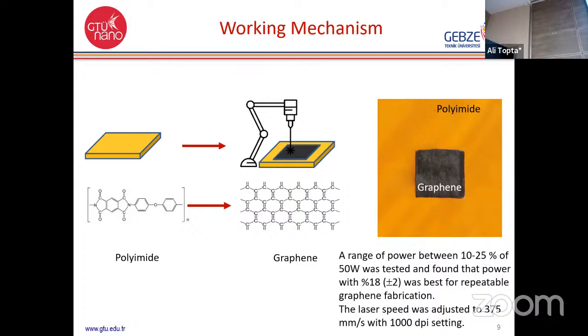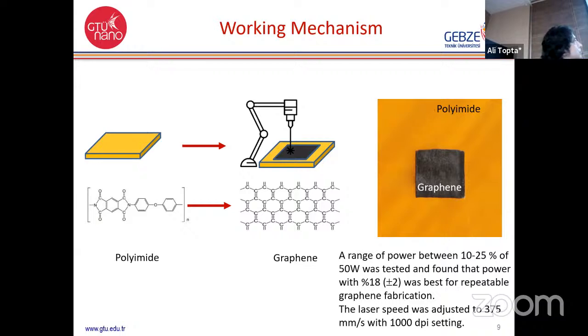In terms of how it works, we have our polyamide, which is usually amber or dark yellow in color. We apply the laser through software in which we can adjust parameters such as laser power, scanning speed, and resolution.